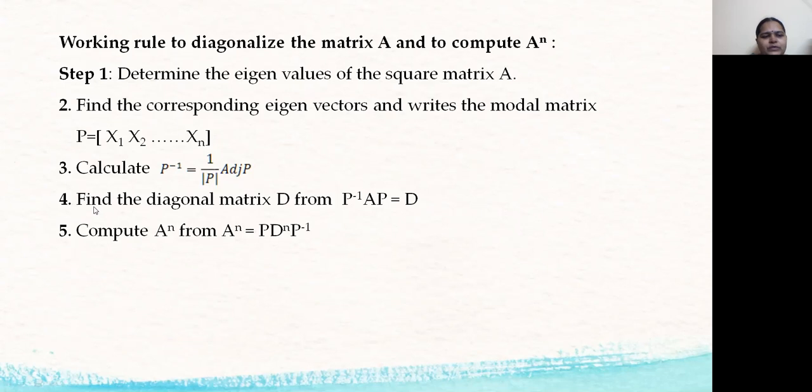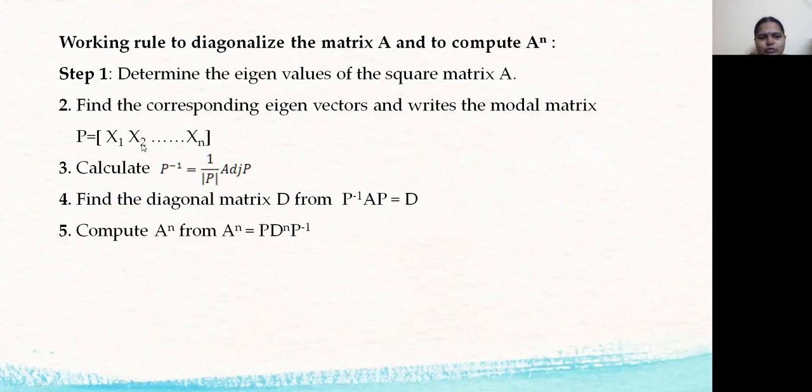Next, we calculate P inverse using the formula 1 by determinant of P into adjoint of P. Then the fourth step is to find the diagonal matrix D, where P inverse AP equals D. If we multiply these three matrices, we get the diagonal matrix D, whose diagonal elements are the eigenvalues of the matrix A. The order follows the matrix P. If x1 is the first column in P, then in D the first diagonal element is its corresponding eigenvalue lambda 1.